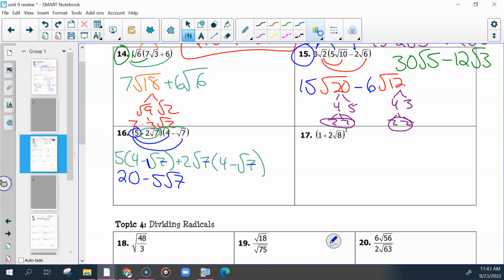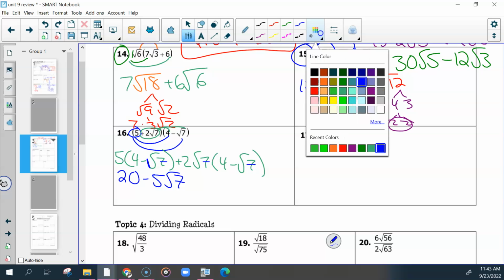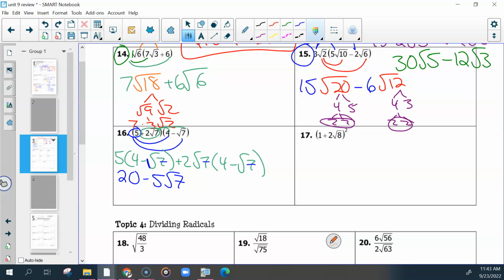And then we could do the next 2. Here you're multiplying the outsides together. You don't have an inside, but you would just bring this down. So plus 8 times the square root of 7.